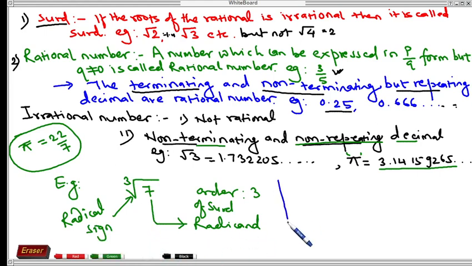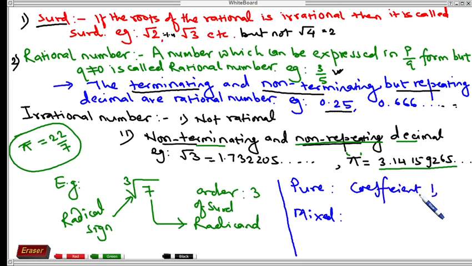And the next part, dear students, is about pure and mixed surds. A pure surd is a surd which has coefficient 1 or minus 1.